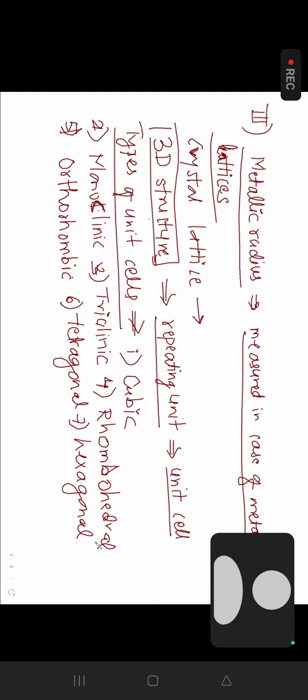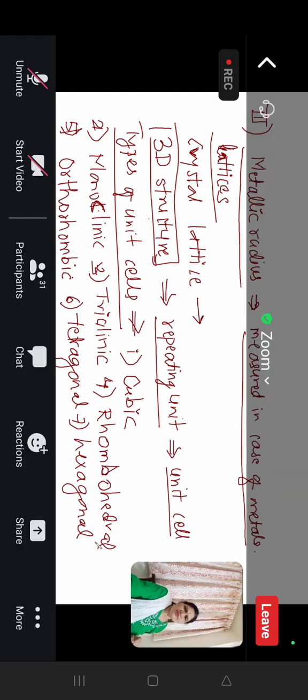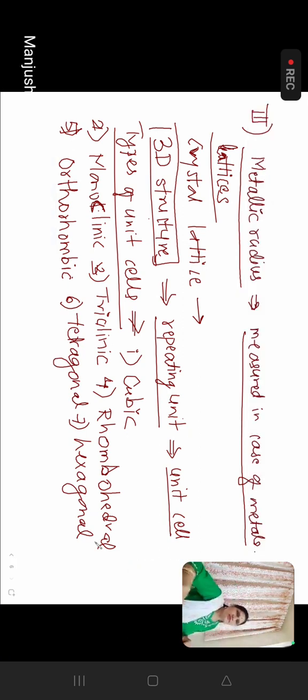So there are 7 types of unit cell: cubic, monoclinic, triclinic, rhombohedral, orthorhombic, tetragonal, and hexagonal.